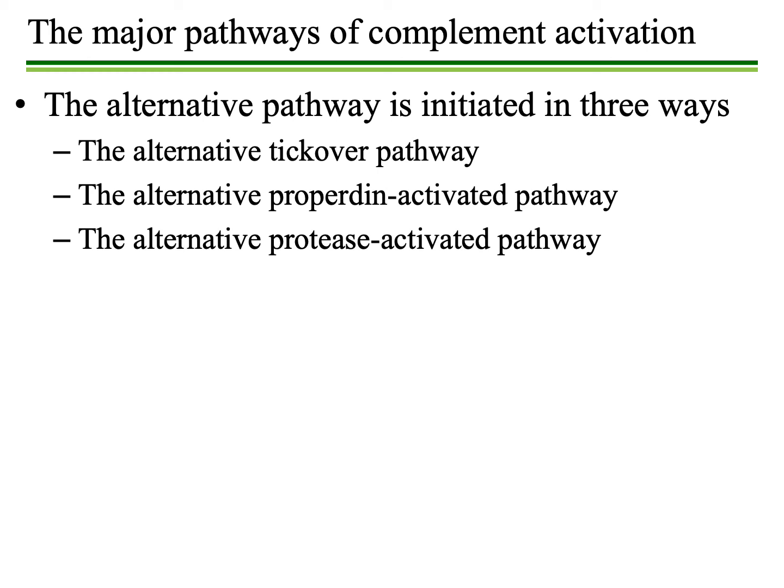Lastly, we have the alternative protease activated component or pathway, and this is actually a clotting cascade that's activated by inflammation, typically damage and trauma. So again, 3 subcategories for the activation of the alternative pathway.